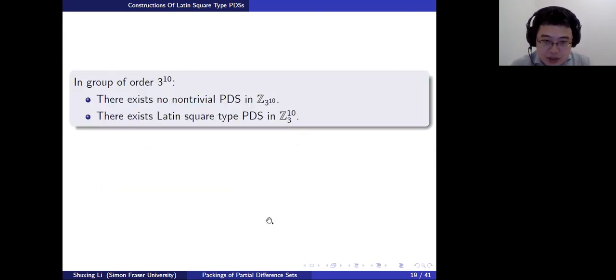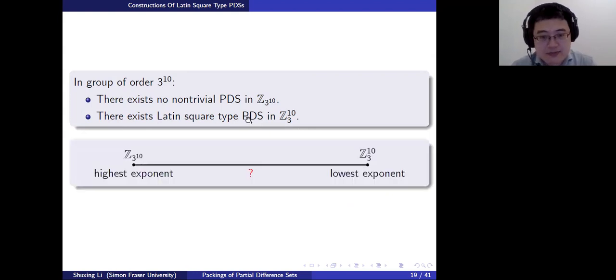So let me showcase our contribution using a group of specific order 3^10. It is well known that in the cyclic group of order 3^10, there's no non-trivial PDS, whereas in the elementary abelian group of order 3^10, there does exist a Latin square type PDS.